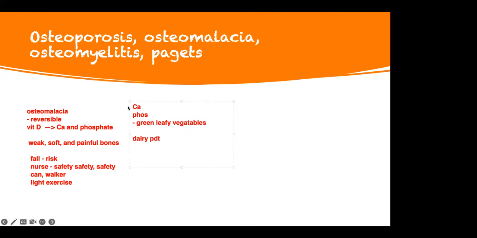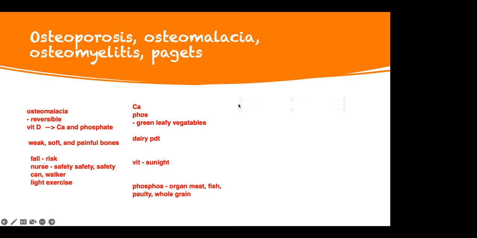And then the vitamin D, they go to the sun, they bathe in the sun, that's good, right? And then the phosphorus, mostly organ meats, some fish, some poultry will be fine for them, whole grains. And that will help with their situation. But that's different from osteoporosis.